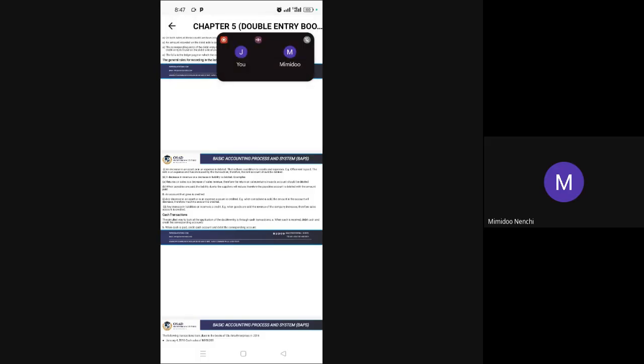Now let's look at cash transactions. The simplest way to look at the application of double entries is through cash transactions. When cash is received, what will you do?